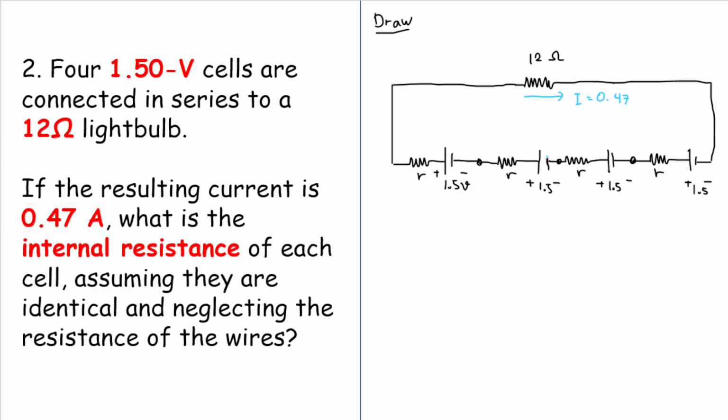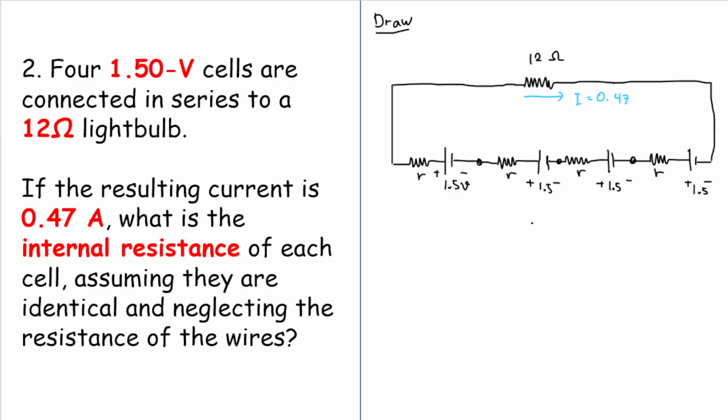Okay, but then all of these components are in series, right? So we can replace this with a single battery and a single resistance, right? So this single battery here is the sum of all the batteries, right? Because this negative and positive are connected to each other, we can just add them up.